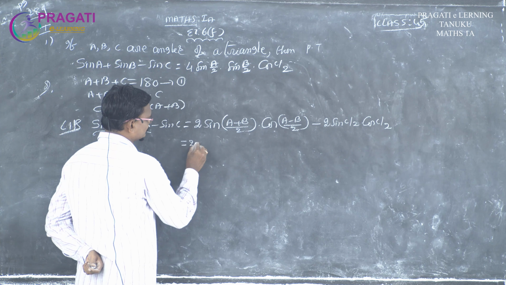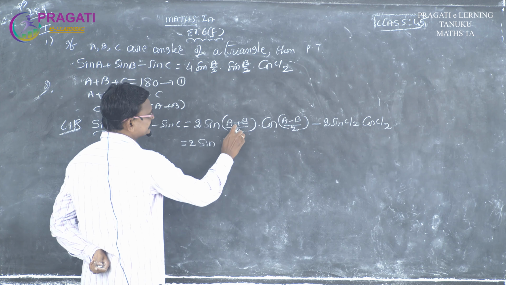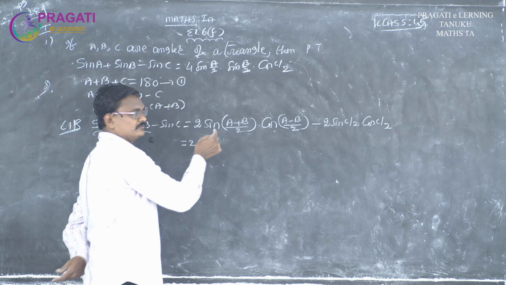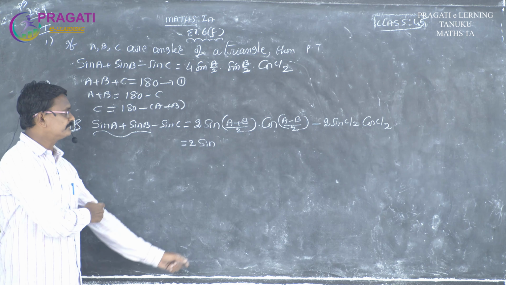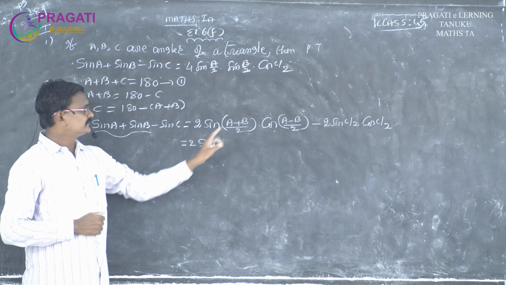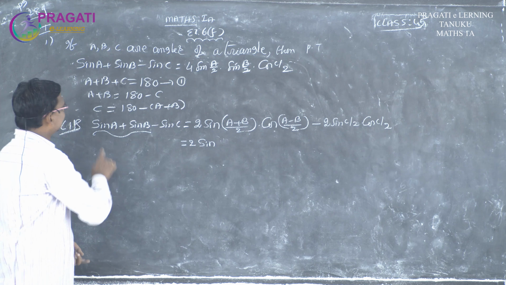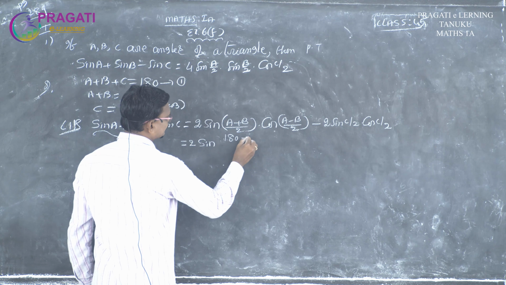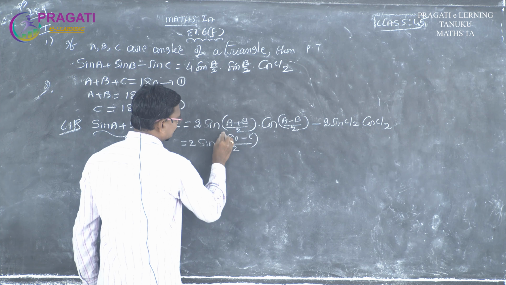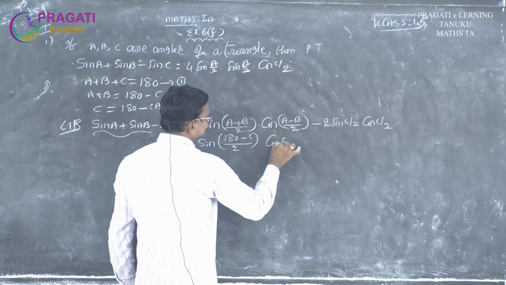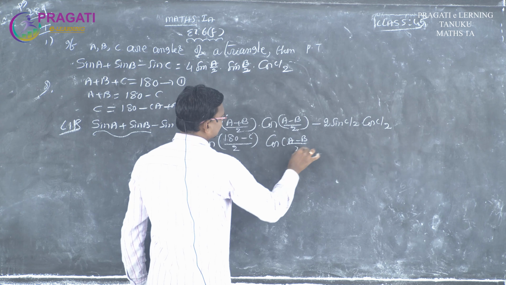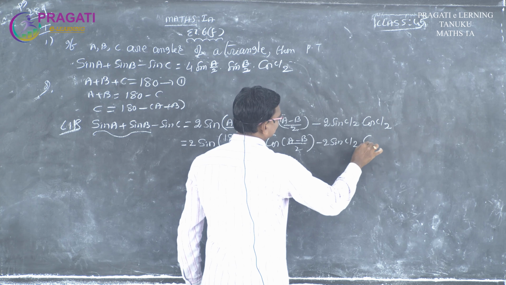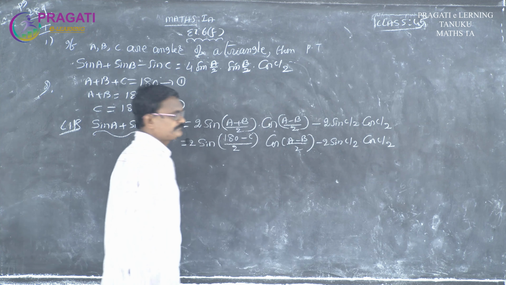Now it is equal to 2 sin. In the previous problem we had 2A, 2B, so the 2 was cancelled, but here there is no chance. It is A plus B. Like the previous problem, A plus B we can write as 180 minus C in the numerator. And we have by 2 into cos((A−B)/2) minus 2 sin C/2 cos C/2.